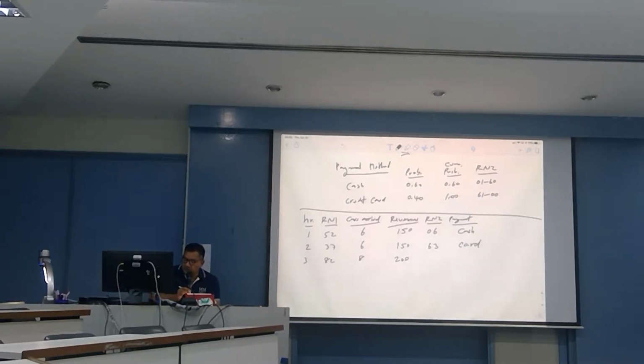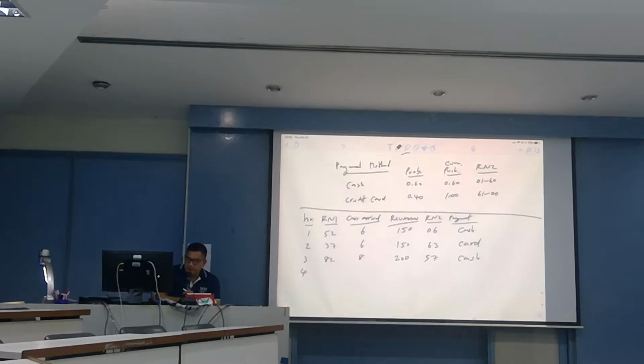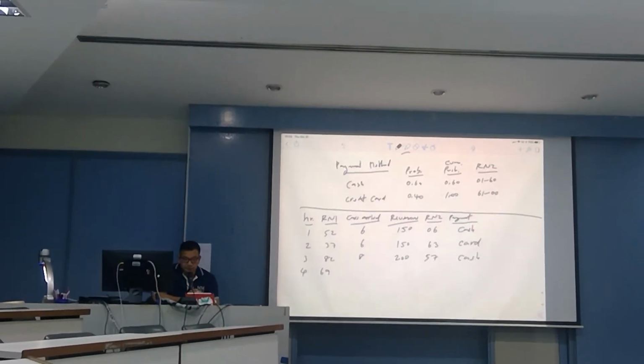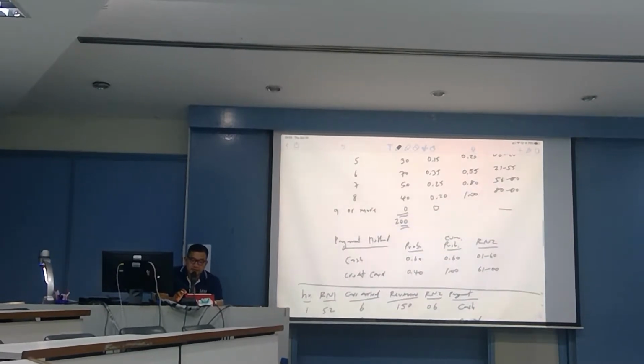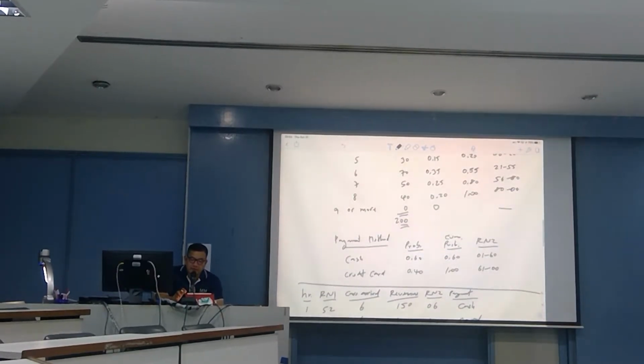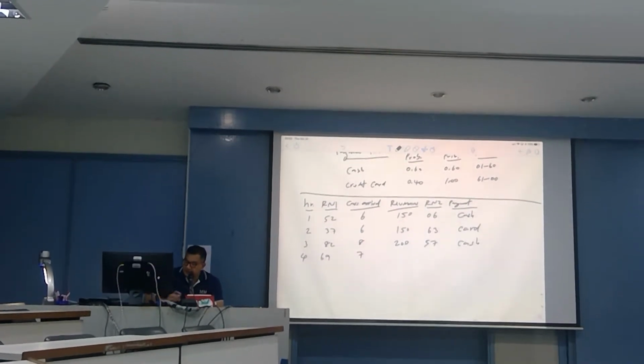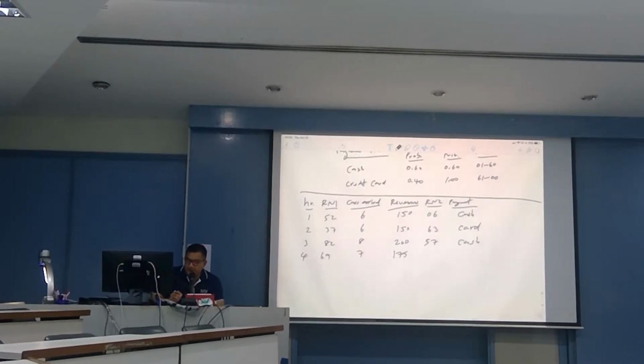Next from 63 is 57. 57 is paid by cash. The fourth hour, we have 69 to be RN1. 69 is in the range of 56 to 80, so number per hour is 7. So we can estimate revenue 175, and then we have 02 to be the RN2. Then we still receive by cash.